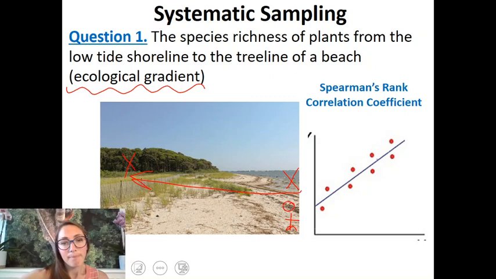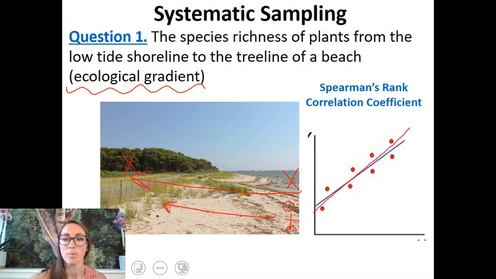So you might also develop at this point a null and alternative hypothesis. You might come up with a one-tailed, alternative directional hypothesis where, as I walk away from the sea up the shoreline, I notice that the species richness increases.